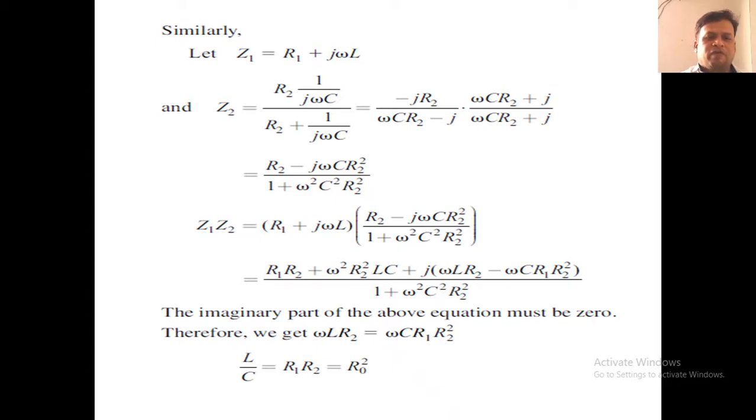The imaginary part of the above equation must be 0. Therefore, we get omega L into R2 is equal to omega C R1 R2 square. Therefore, L by C is equal to R1 R2, from the equation we have already studied, that is equal to R0 square. So, R0 is equal to root of L by C.